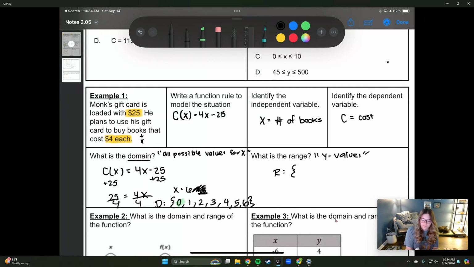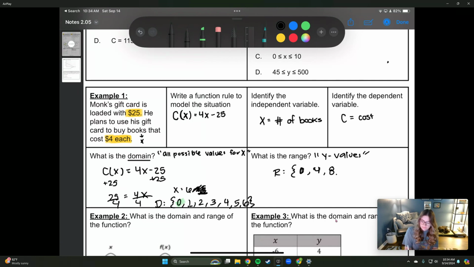Well, if they're $4 a piece, what's 4 times 0? $0. Okay? If he bought 1 book, well, they're $4 a piece. What's 4 times 1? 4. Okay? What if he bought 2 books? Well, 2 times 4 would be 8.